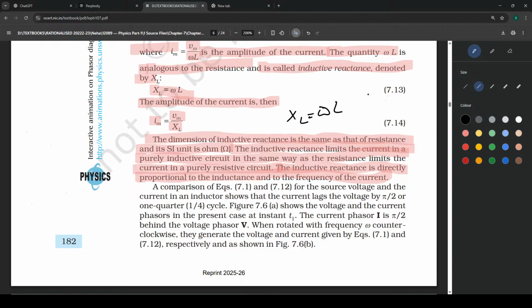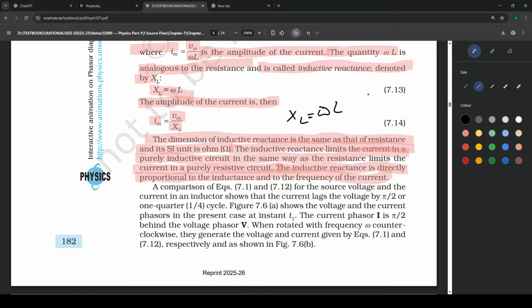As for why it is proportional to frequency, omega is angular velocity. The higher the angular velocity, the more rotations take place in case of an AC generator.